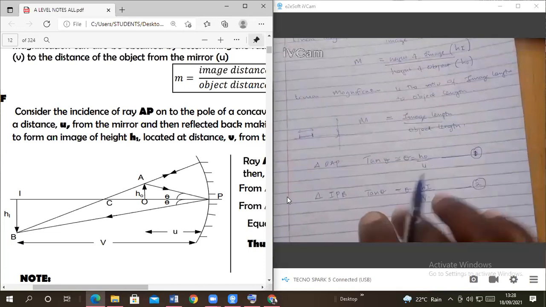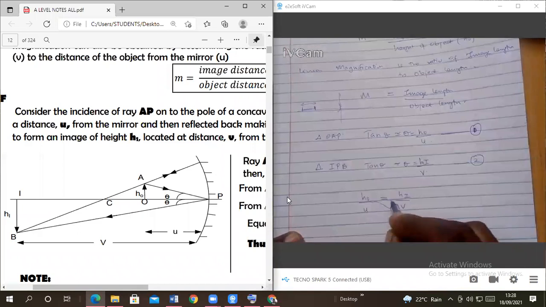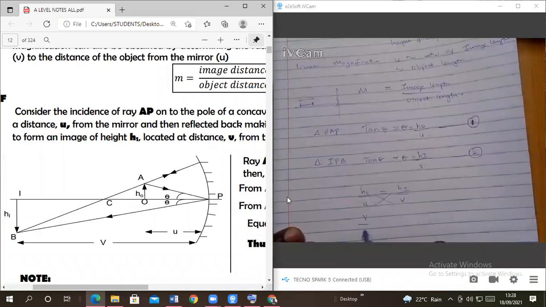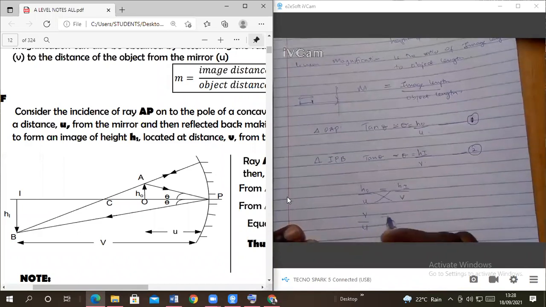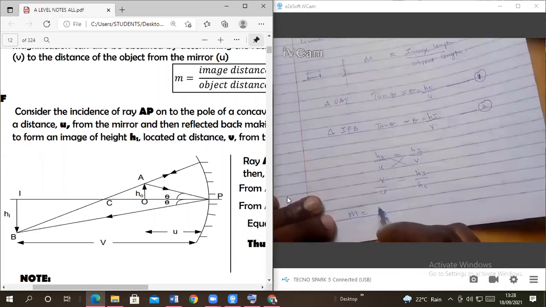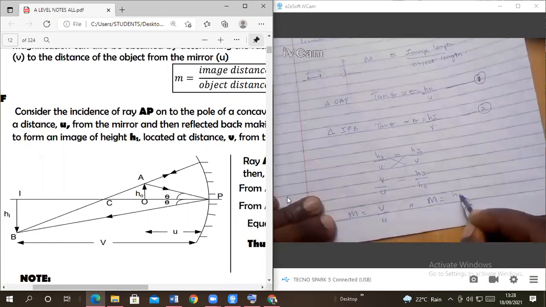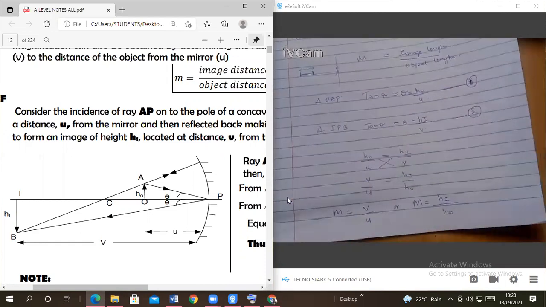If I equate these two equations, I'll have H0 over U equals HI over V. Cross multiplying, I'll have V over U is equal to HI over H0. And we have seen that magnification is given by V over U, or in terms of the height of the image and the height of the object.